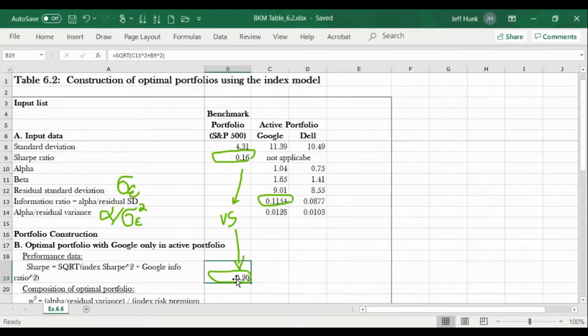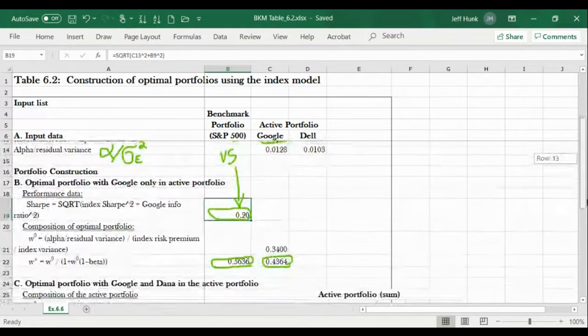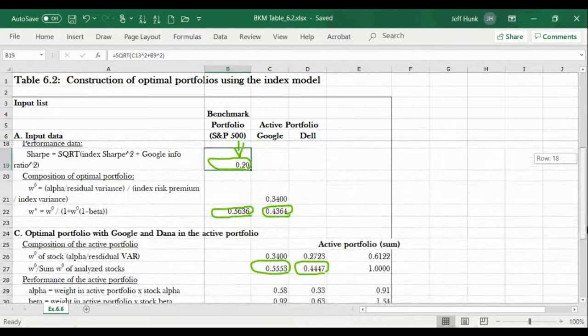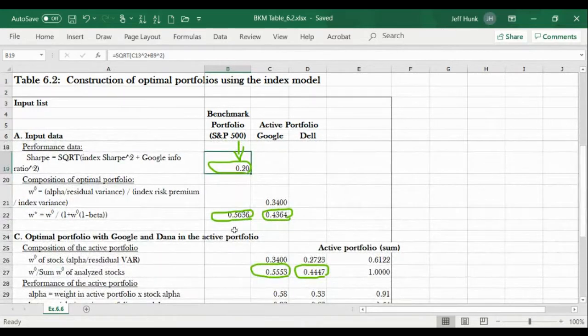Sharpe ratio has definitely improved, right? Adding Google to the passive index portfolio improved the Sharpe ratio. And then what about the weight? Let's think about the weight.